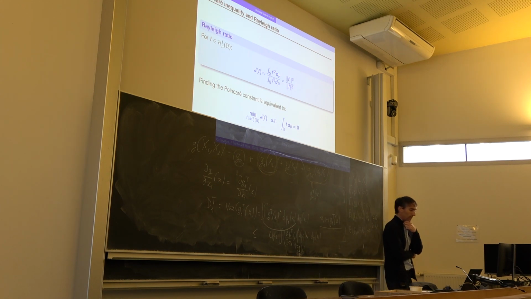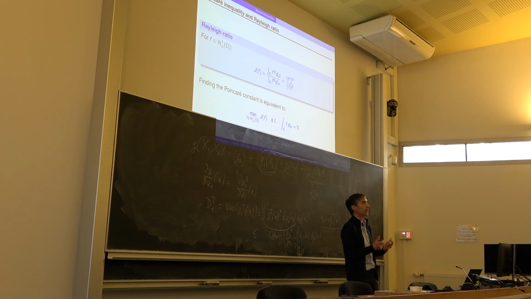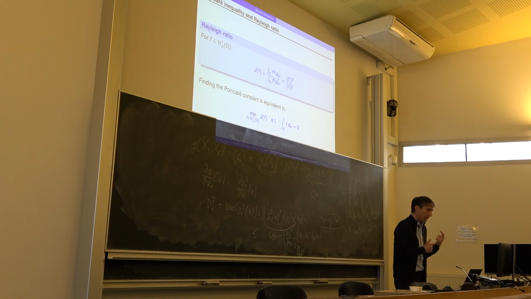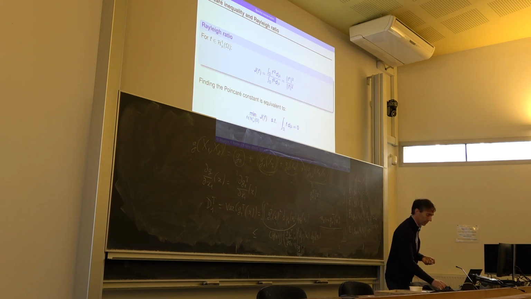And so you can see easily that finding the optimal Poincaré constant is equivalent to minimizing this ratio. So you want the derivative to be as close as possible to the function in terms of L2 norm. So you want to minimize the Rayleigh ratio for centered functions, okay?